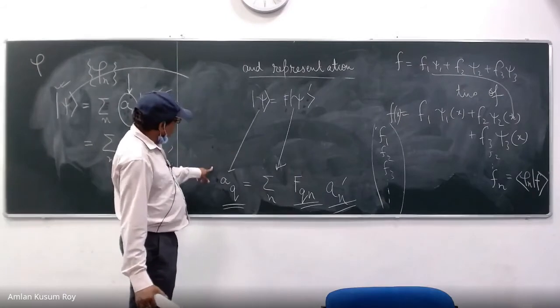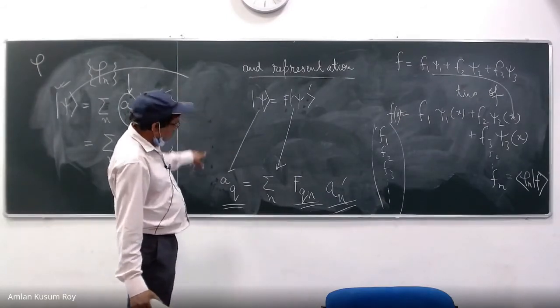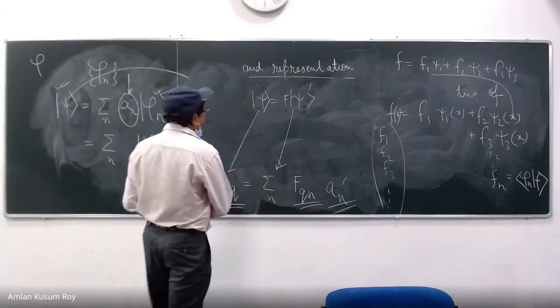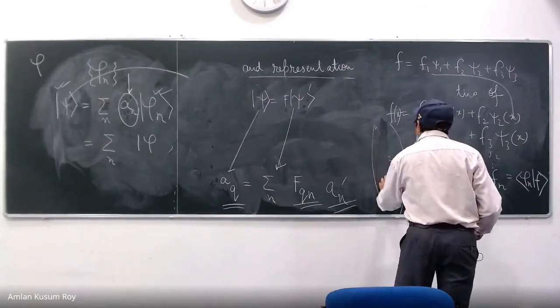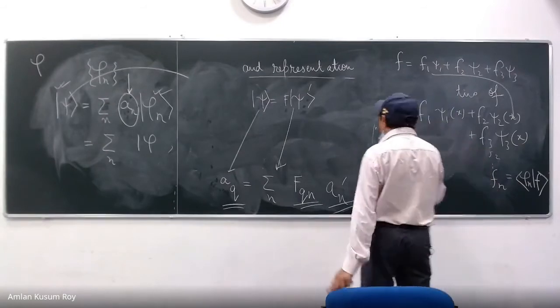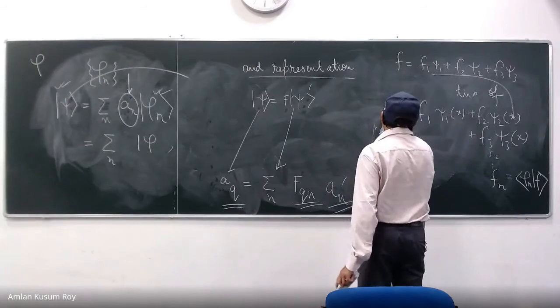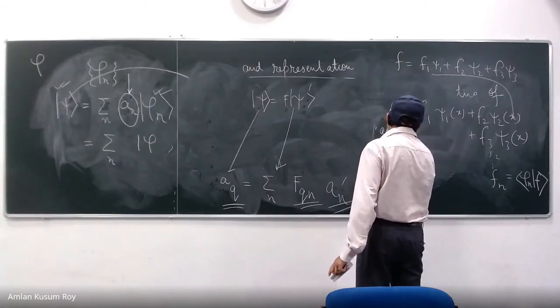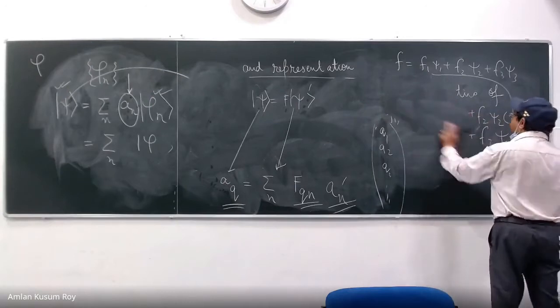So Q1, Q2, Q3 is equal to, just verify this. You can write Q1, Q2, Q3, and then what is FQN? What kind of a matrix is FQN?